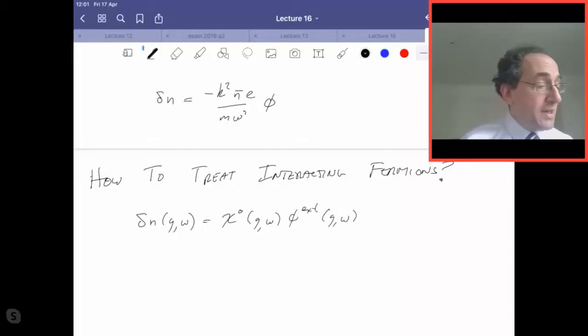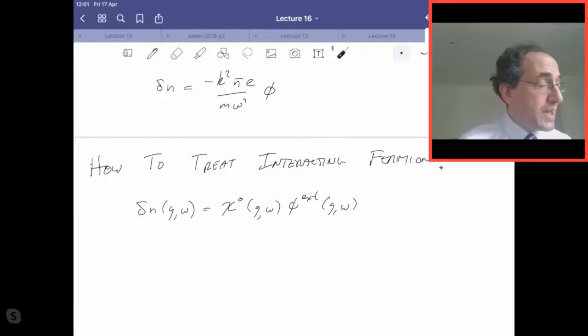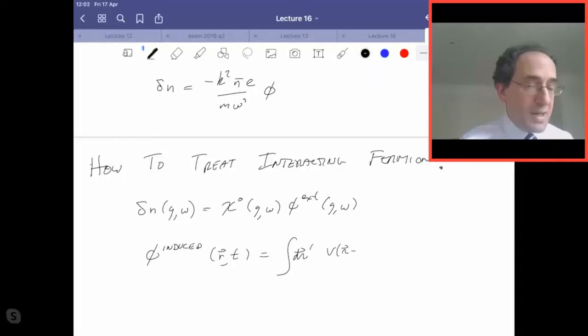And then once the system responds to the external potential, we're going to allow the possibility that there will be an induced potential at r and t, which is just given by the integral d r prime v of r minus r prime of delta n of r prime and t.